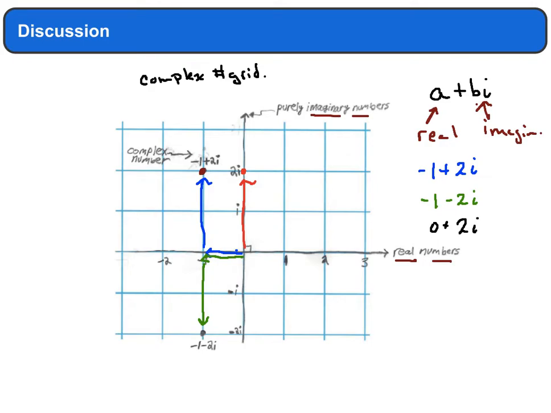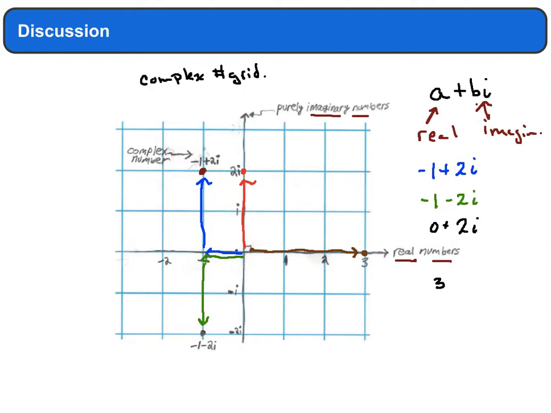Same thing occurs if we had only a real part. Let's say my real part was 3. Then that means I would literally just go over 3 spaces to the right, and I would plot this dot. And so that's generally how the complex number grid works in this idea. You'll see some more of these in the problem set that you can practice on your own.